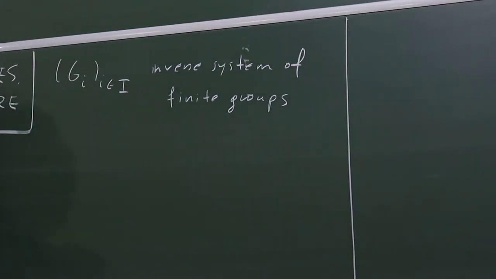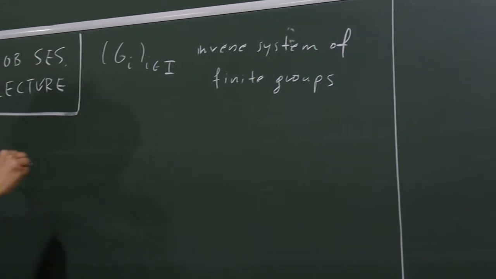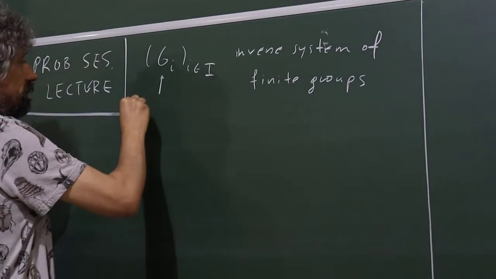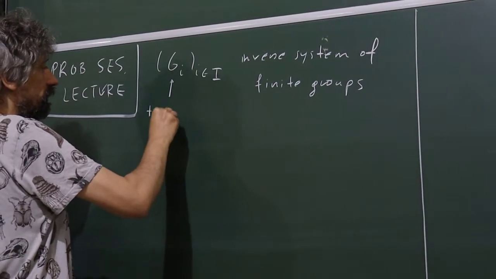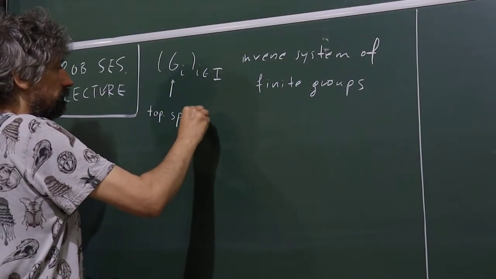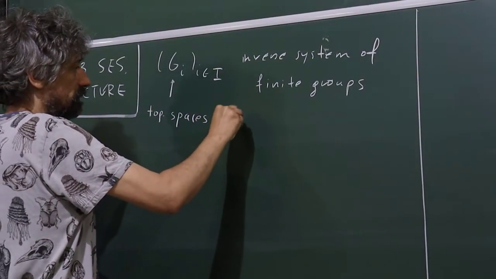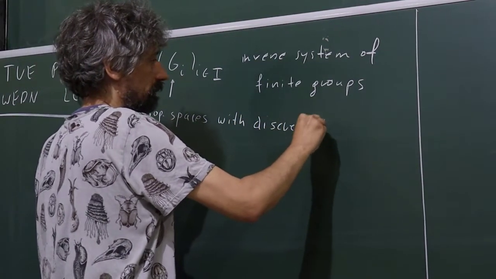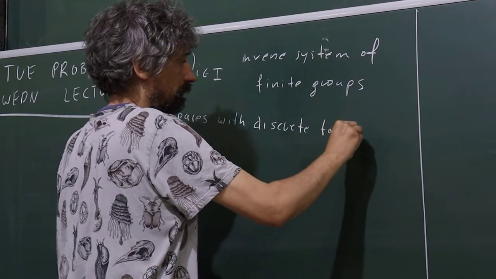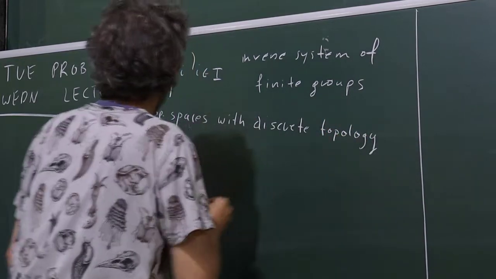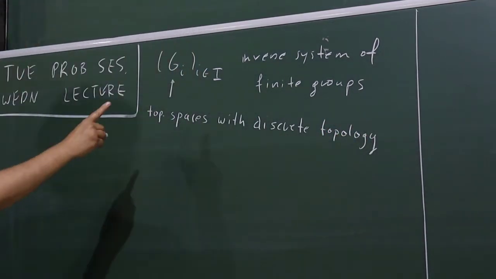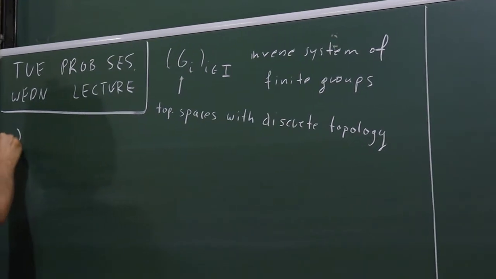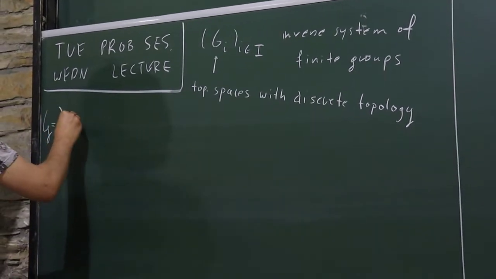Then we had this curly G. We regard them as topological spaces with discrete topology. And now inside their product, which is still compact, we look at this curly G.